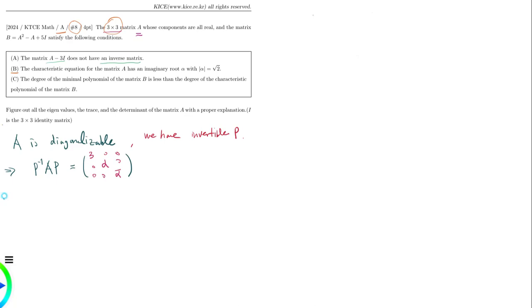And we can go further: for the matrix B, by multiplying this invertible matrix P and P inverse on both sides, we have A squared minus A plus 5 times I, with P inverse on the other side. And as you already know, when you multiply P inverse, we have a benefit.